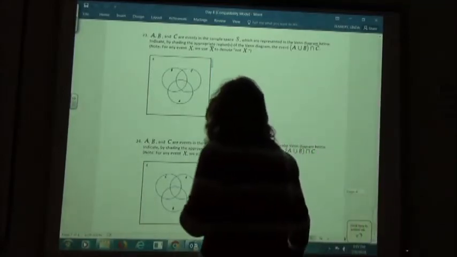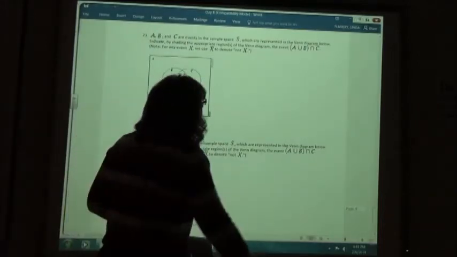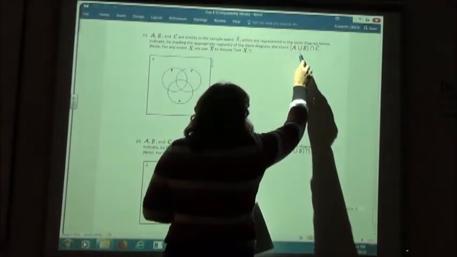A, B, and C are events in my sample space S, which are represented by the Venn diagram below. Indicate by shading the appropriate regions of the Venn diagram. So here we have parentheses.